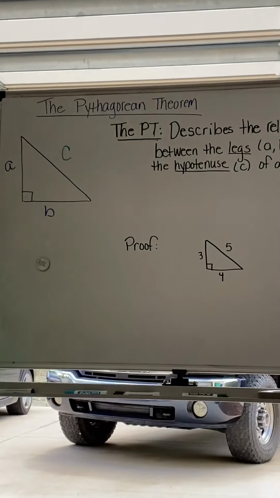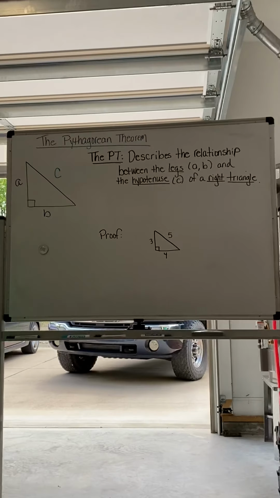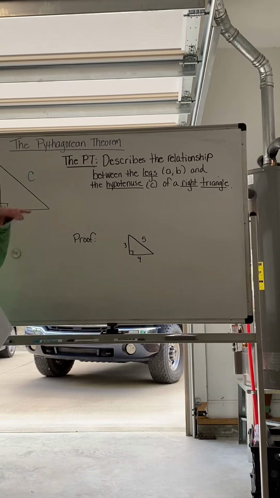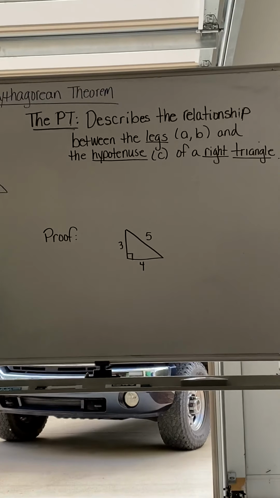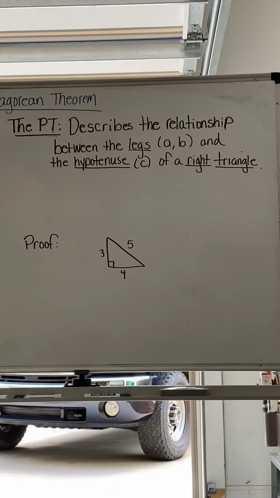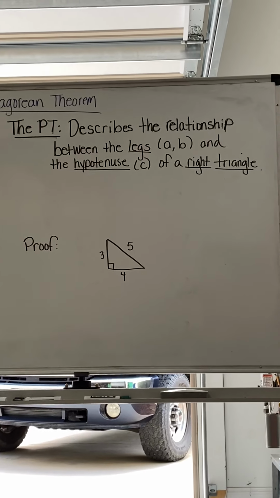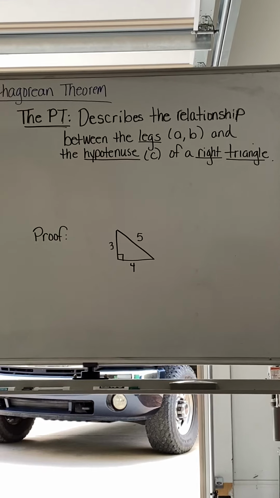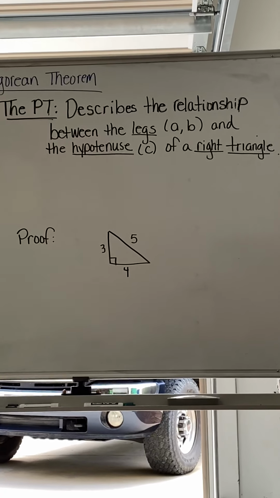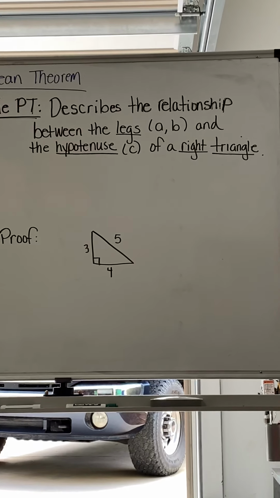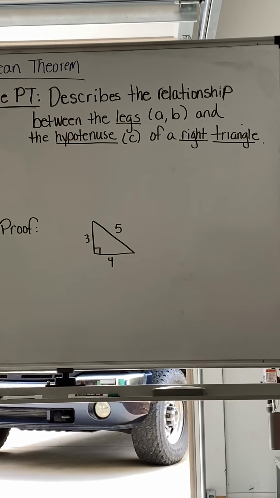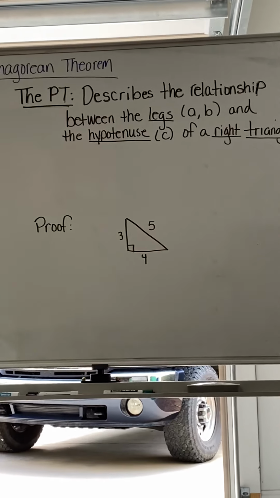Okay, so just to go over the definition of the Pythagorean theorem, and I'll probably abbreviate it PT. So if you see PT, that's what it means. The Pythagorean theorem describes the relationship between the legs, which we call A and B, and the hypotenuse, which we call C, of a right triangle. So a couple of things to pull out just from that definition that are important.